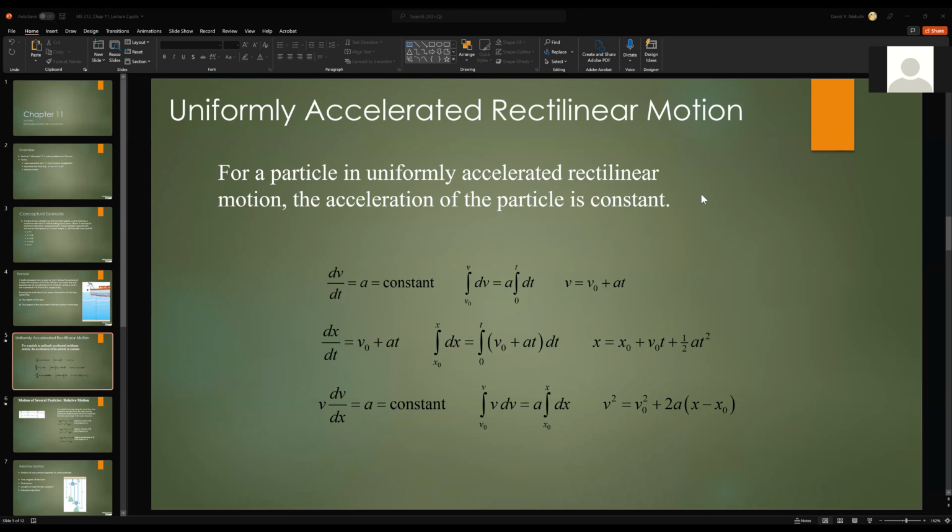So we have our constant acceleration equations from physics, and we have our relationships, especially the one, v dv dx equals acceleration. You'll be using those, so write them down and have them in your notes. That's the first thing I would look at when you're looking at the problems, to see how you can arrange your integration or your derivatives so that you can take advantage of these equations.